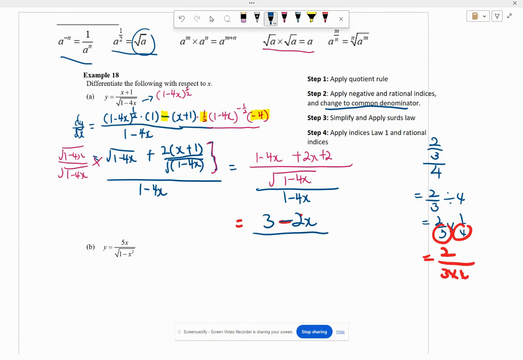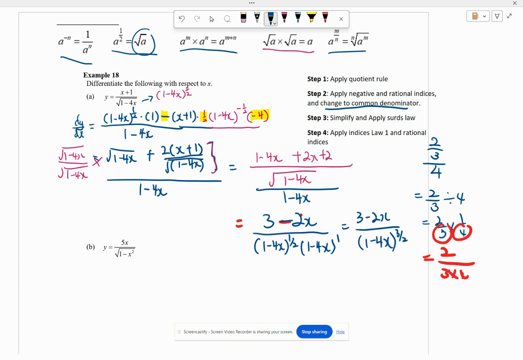So we can multiply this. Let's change this square root to (1 minus 4x) to the power half, times (1 minus 4x). So this is power 1, can we apply law 1 of indices? And we get 3 minus 2x over (1 minus 4x) to the power of 3 over 2.